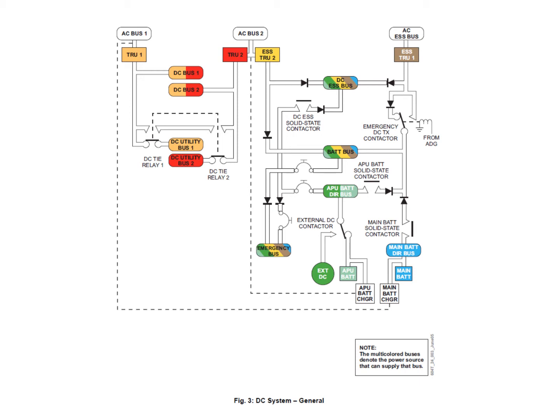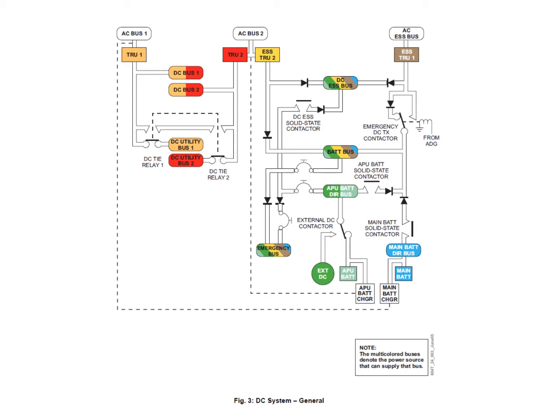When you put it to the tie position or transfer position, the tie relays go into their alternate position. So in our scenario where we've lost TRU1, it would tie across, so TRU2 would now feed DC bus 1, but it would no longer be feeding utility bus 2.